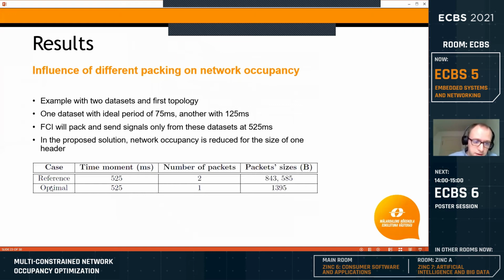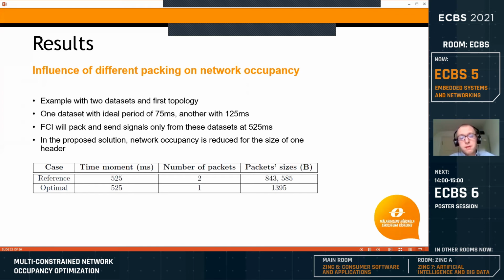As one can see here, in the reference case, 2 packets are created, and in our, as we call it here, optimal case, 1 packet is created. So if one sums these packet sizes in the reference case, the network occupancy in our proposed solution is reduced by 1 header size.